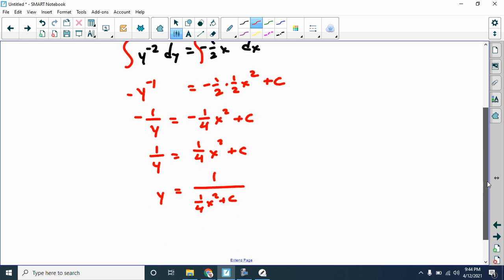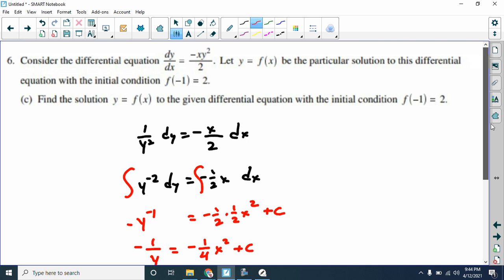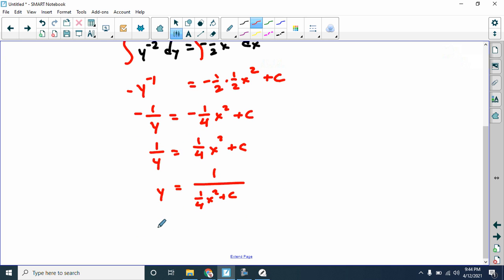Let's go ahead and plug in the point now, -1, 2. So 2 for y, -1 for my x. -1 squared is 1. Multiply both sides by 1/4 plus c.